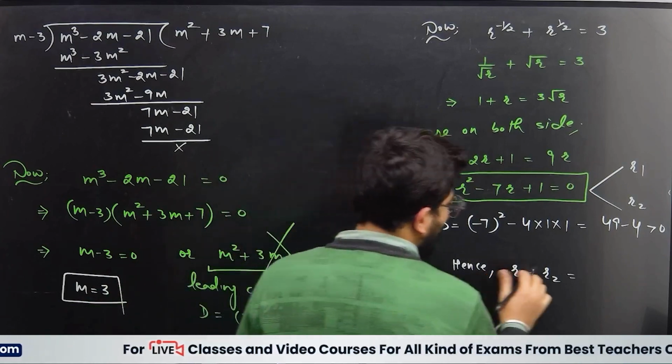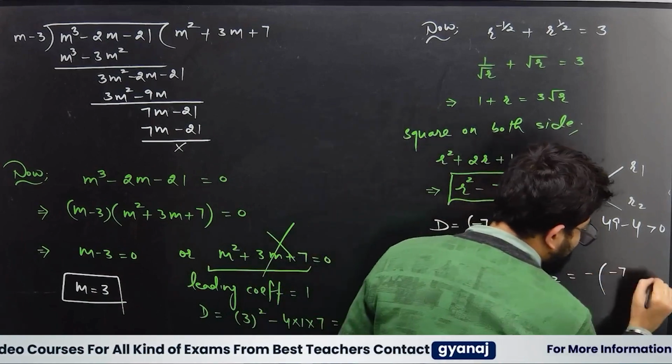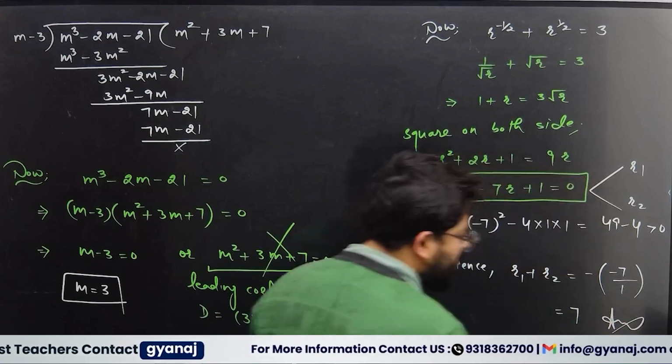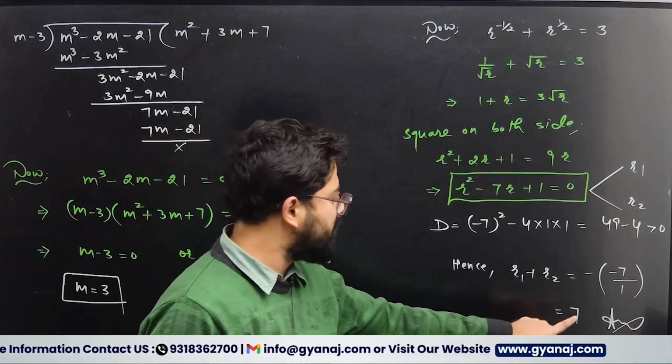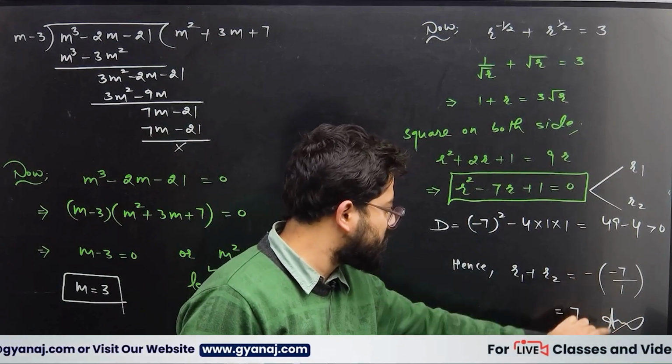So r1 plus r2 is minus b, the coefficient of r, that is minus minus 7 by a, which is 1 here, so the final answer is 7. Yes, that's your answer. Sum of common ratios for all the GPs is 7.